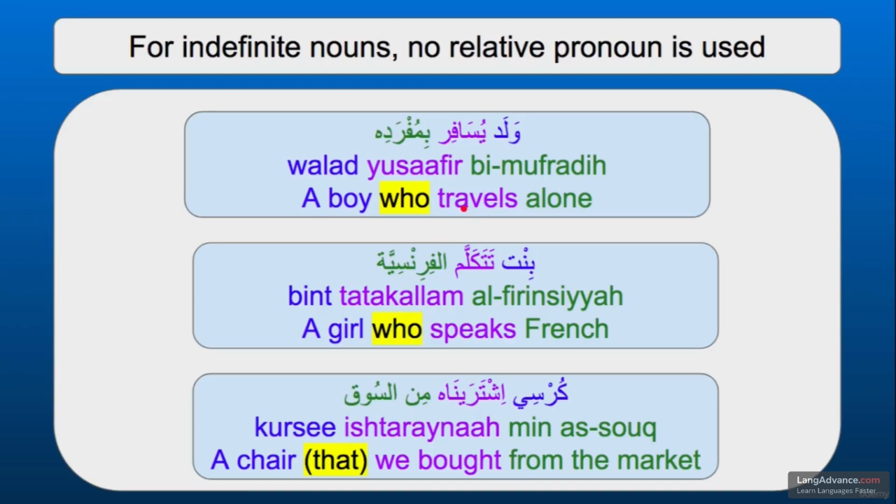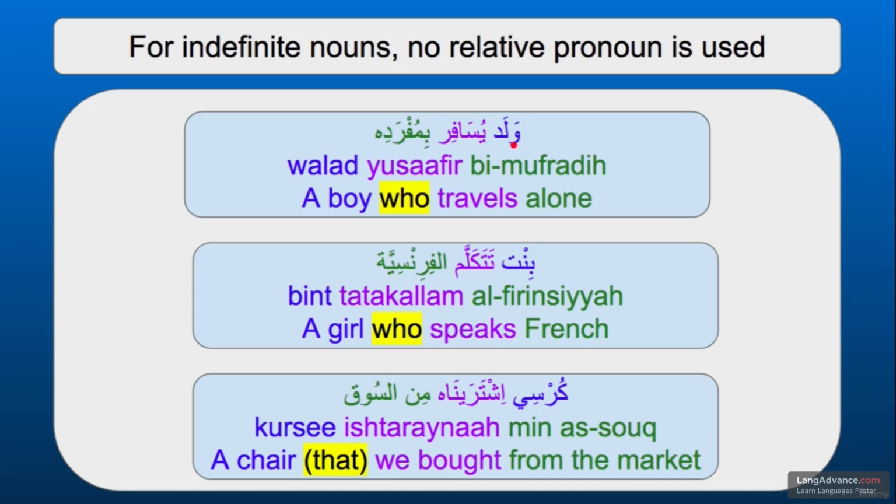And notice that in all of the examples that we've discussed earlier, the noun that comes before the relative clause was always definite. So it was always preceded with ألف لام: الولد, الرجل, المرأة, الطلاب. But if we are using a noun without ألف لام, which is known as nakira, which means indefinite, then we don't actually use a relative pronoun.